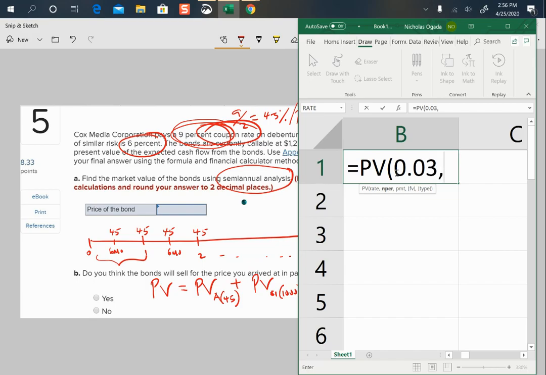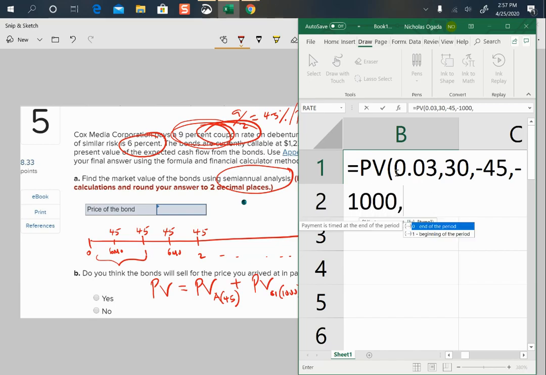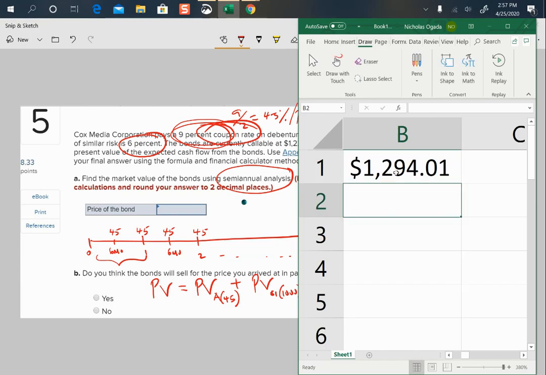And then the number of periods, we have a total of 30 periods, and the payment is $45 every 6 months. Again, if you're the borrower, at maturity you will also give up $1,000. We're assuming all these payments are occurring at the end of the period, so by default, it's zero.